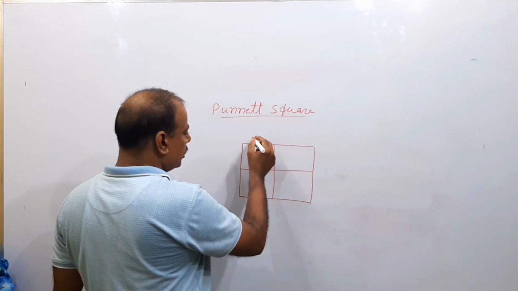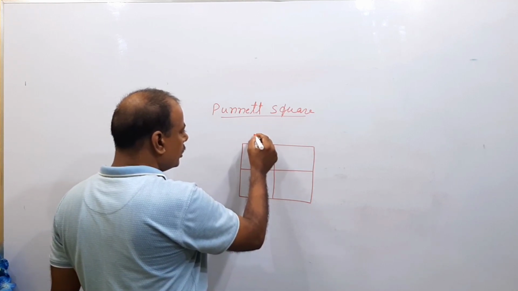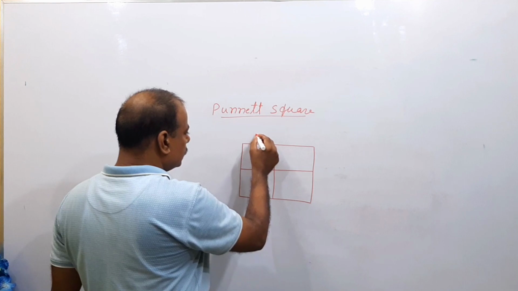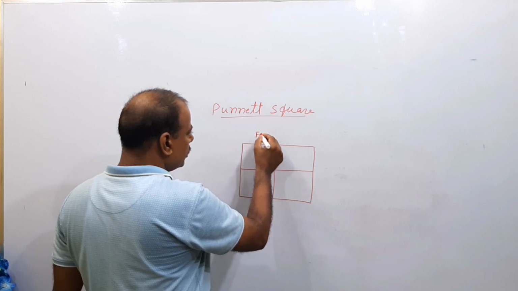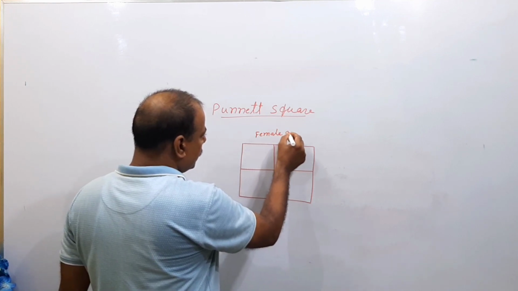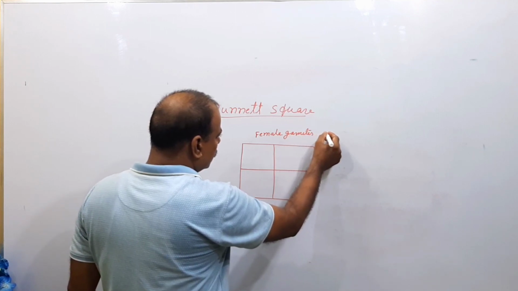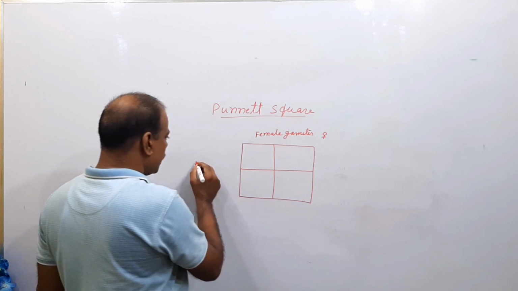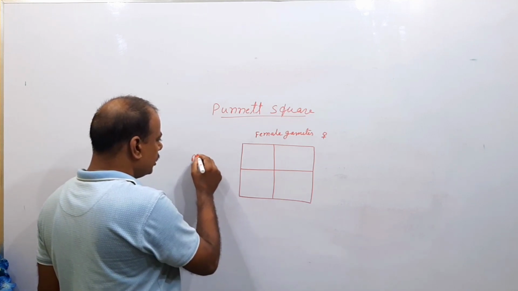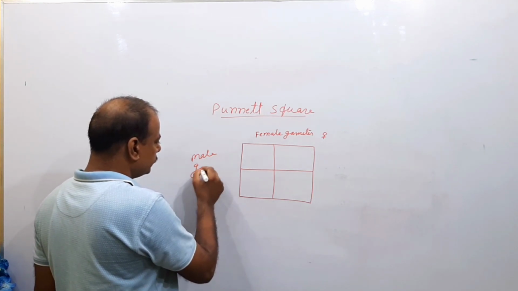Here we are writing gametes. Suppose here we have to write female gametes and on this side we have to write male gametes.